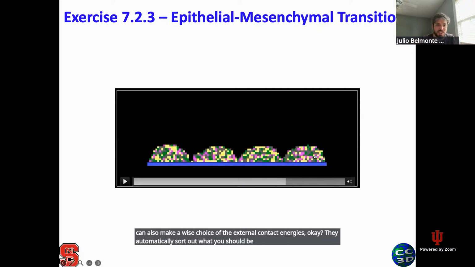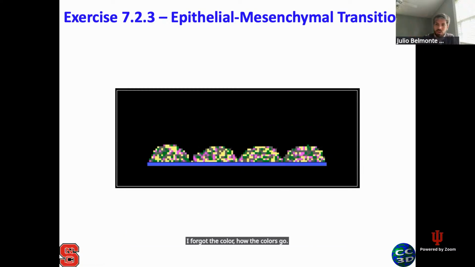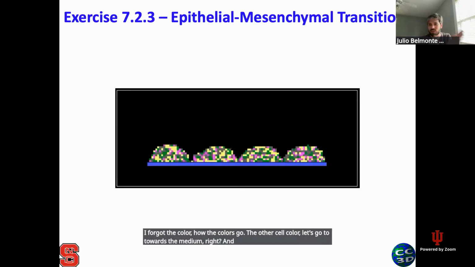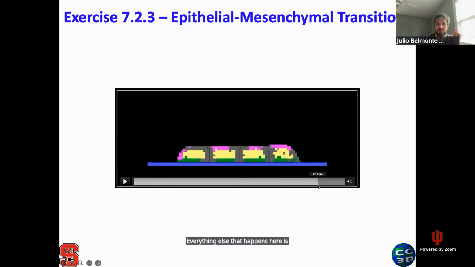The green cells like to be at the membrane because they're the basal compartment. The other cell color goes towards the medium, right? And the gray compartments, which are lateral, identify where a cell is and go back to that cell. Everything else that happens here is just guided by your external energies.